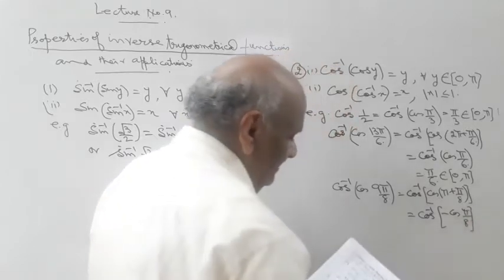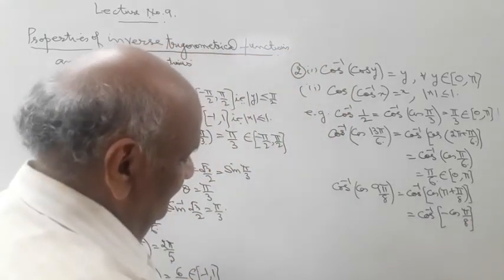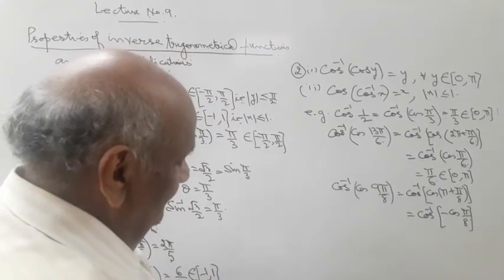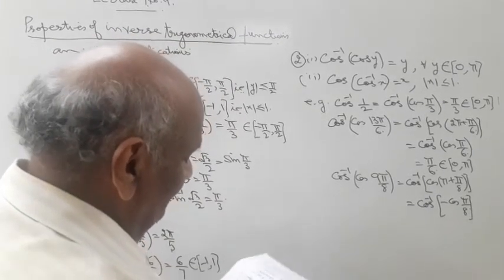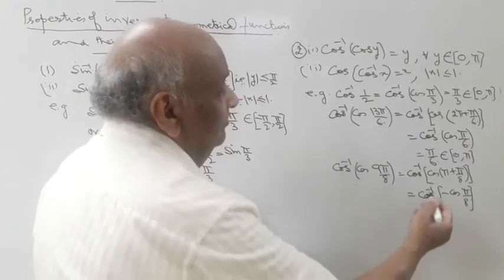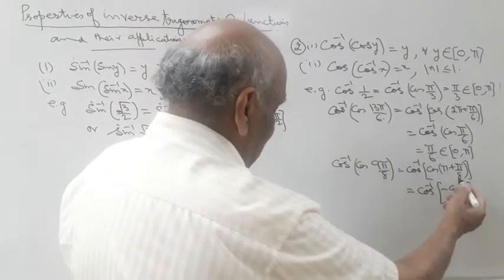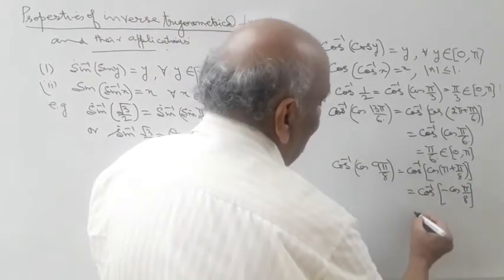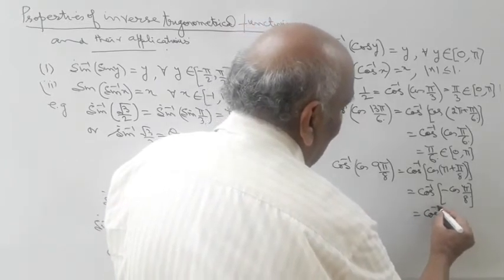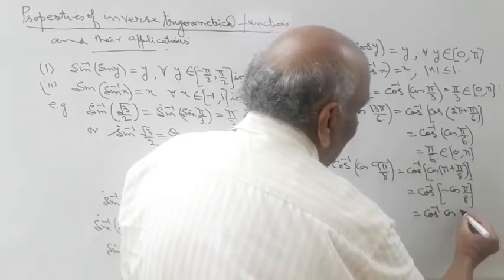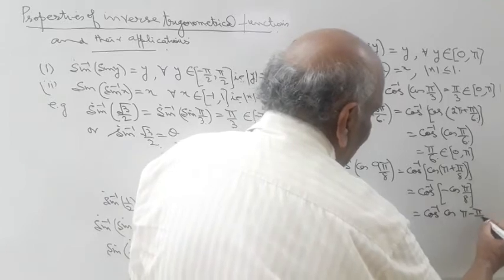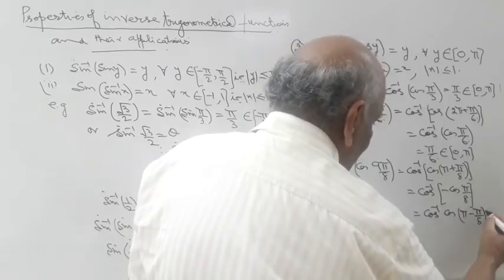In this case we have the minus, and this becomes equal to cos inverse of cos of pi minus pi by 8. Check out please.